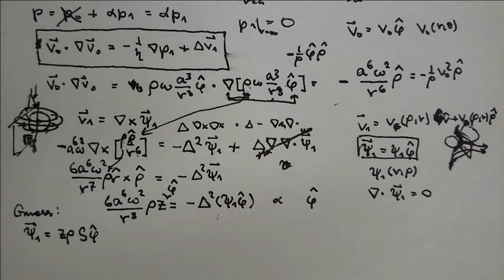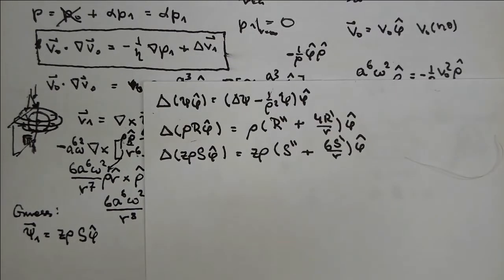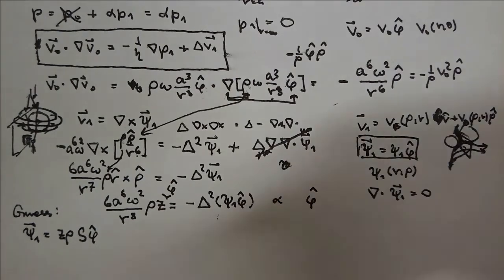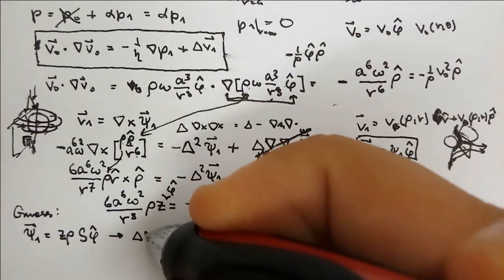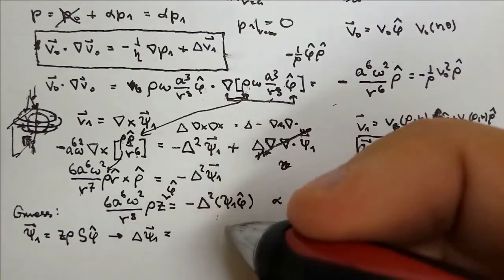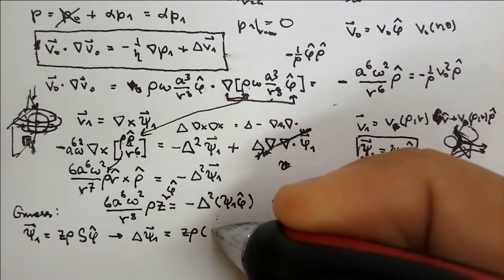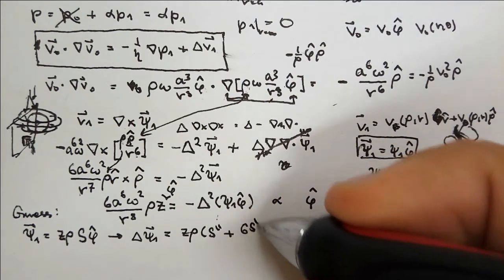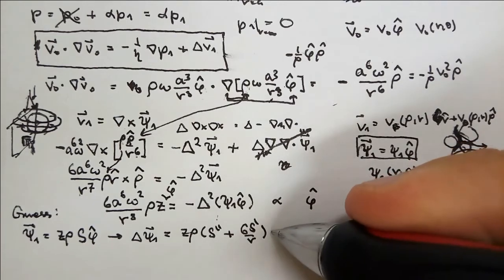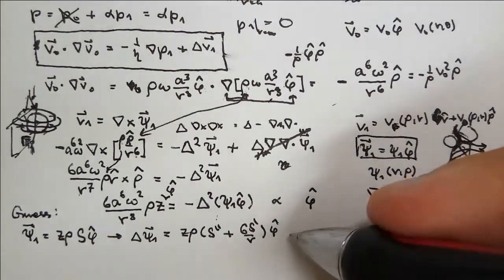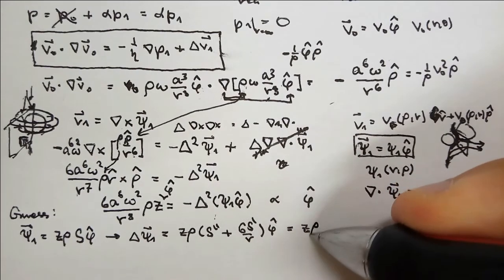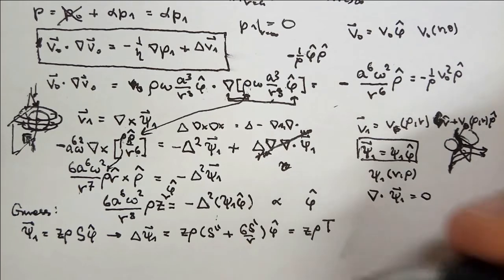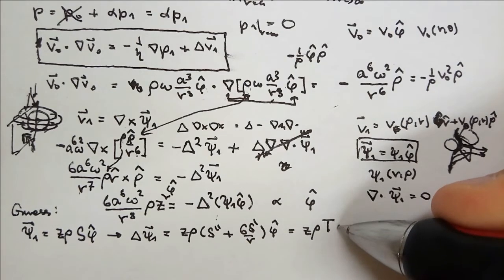If we compute the Laplacian again, you will see that it's s double prime plus 6s prime over r. So the Laplacian of this is 0, s double prime plus 6s prime over r times the phi vector, and again I will write for this 0 and some letter, for example t, the function of r, times phi vector.